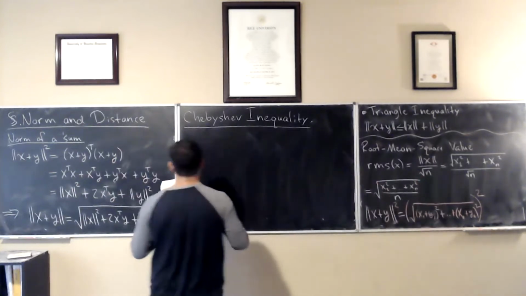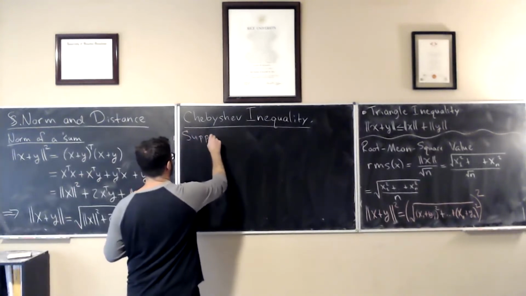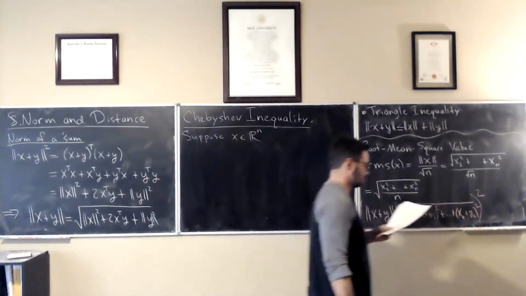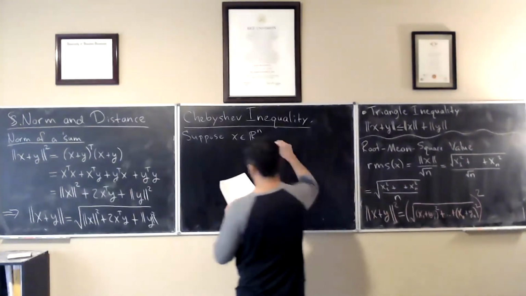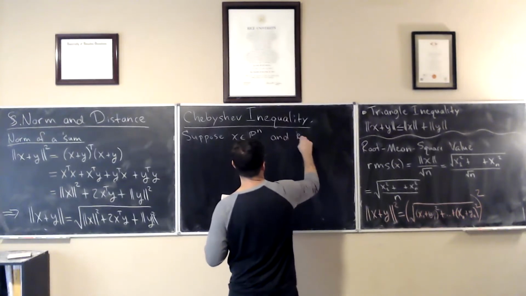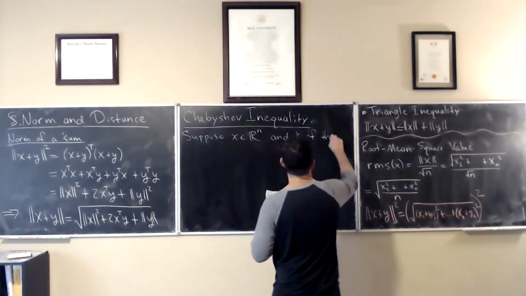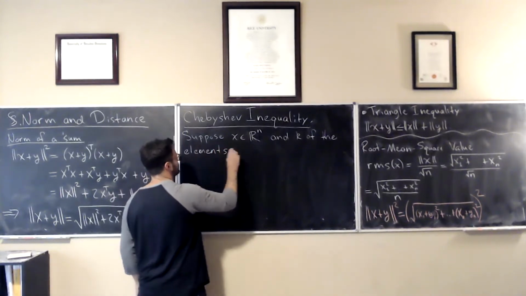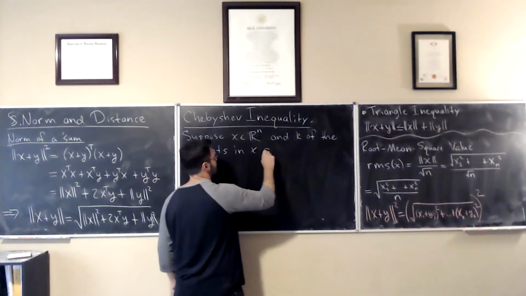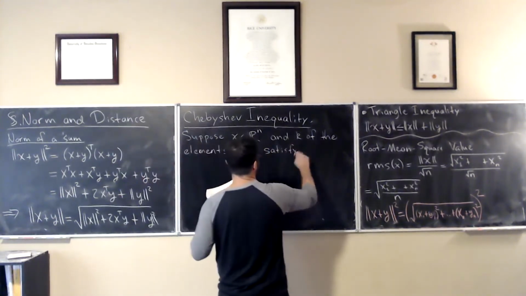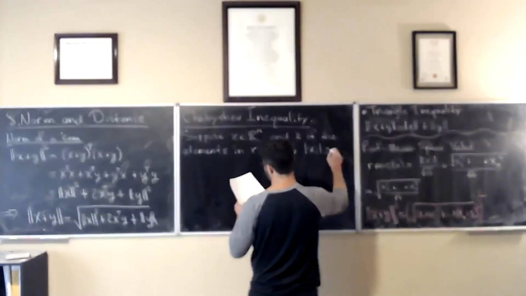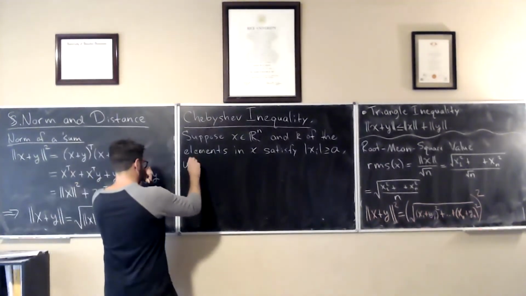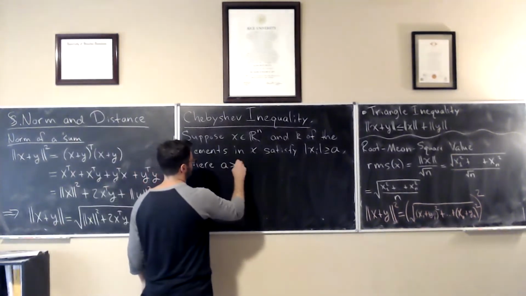So maybe suppose x is some n-vector, okay? x is some n-vector, and k of the elements in x satisfy absolute value of xi greater than or equal to a, where a is just some positive number.